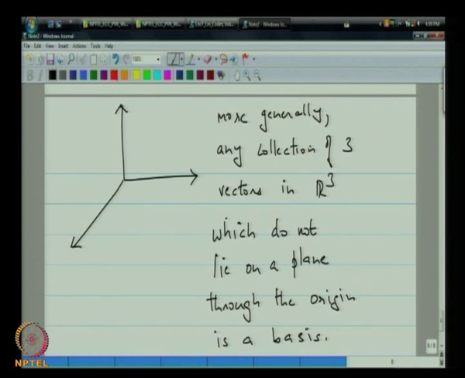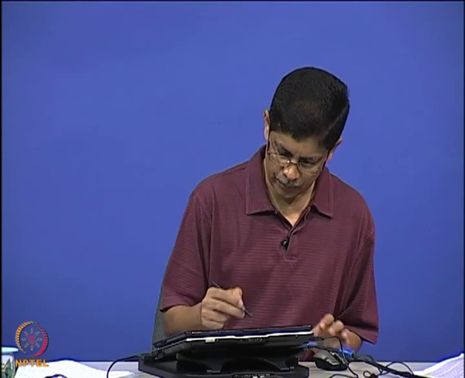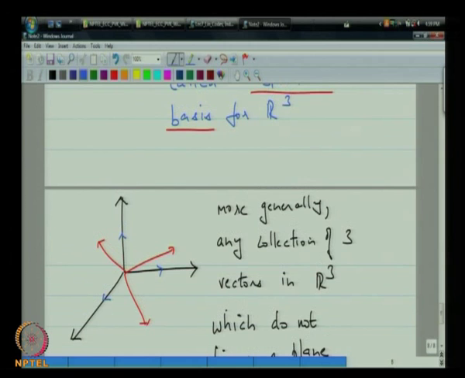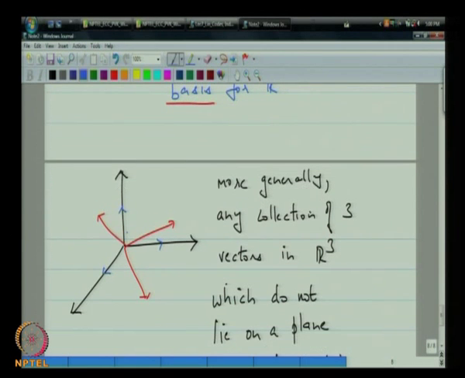Okay. So, you can picture it: if these 3 vectors do not lie on a plane, then they form a basis. And of course, the standard basis that we introduced earlier merely corresponds to vectors along the coordinate axes, and it is clear that they do not lie on a plane through the origin.